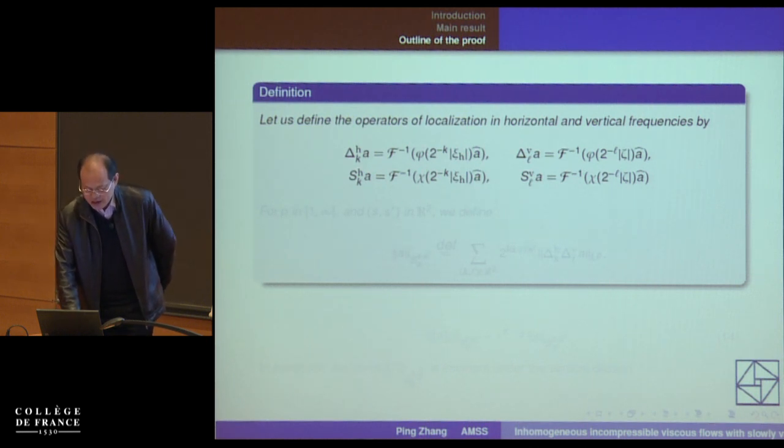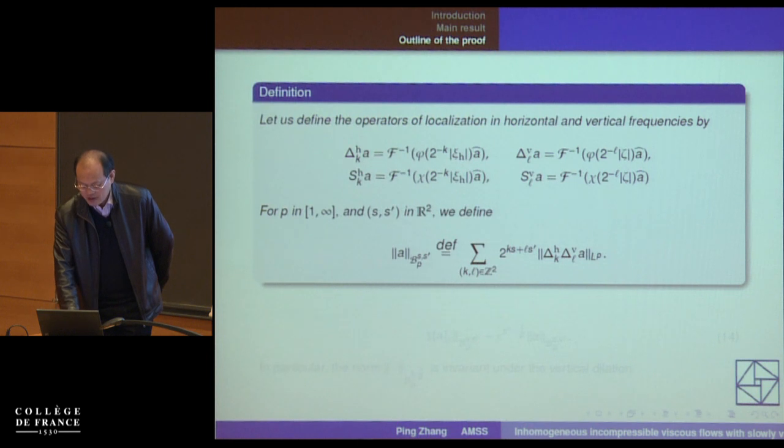In order to do this, let's recall the operators of localization in horizontal and vertical frequency. So delta kh means the frequency cutoff operator such that the horizontal frequency is around the length of 2 to the power of k. And similarly, we can also define this frequency cutoff operator, delta LV, such that the vertical frequency is around 2 to the power of L. And we also have this partial sum operator for the horizontal variable, and this partial sum operator for the vertical variable.